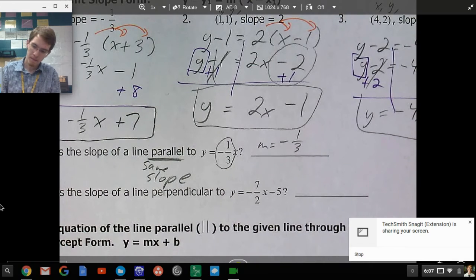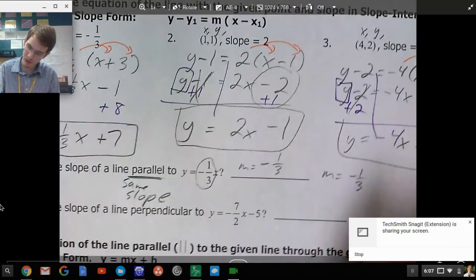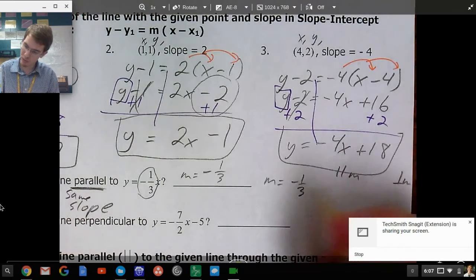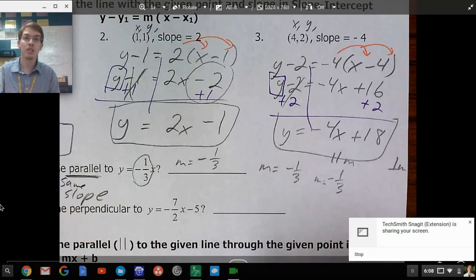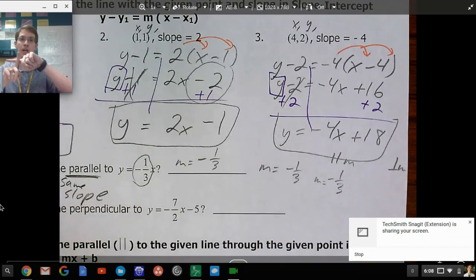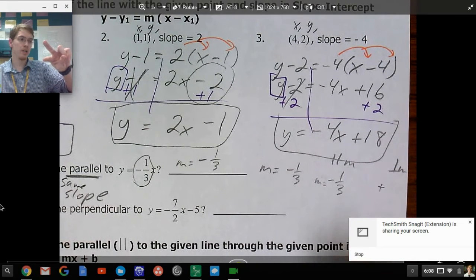Okay, and so I just want to do this. So if our slope is negative 1/3, our parallel slope and our perpendicular slope. Our parallel slope's the same. Our perpendicular slope would be the opposite reciprocal. It goes from negative to positive. 3 over 1, or 1 over 3 to 3 over 1.